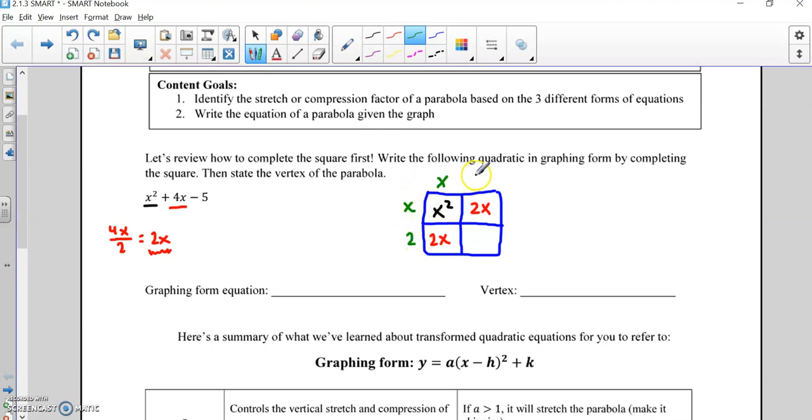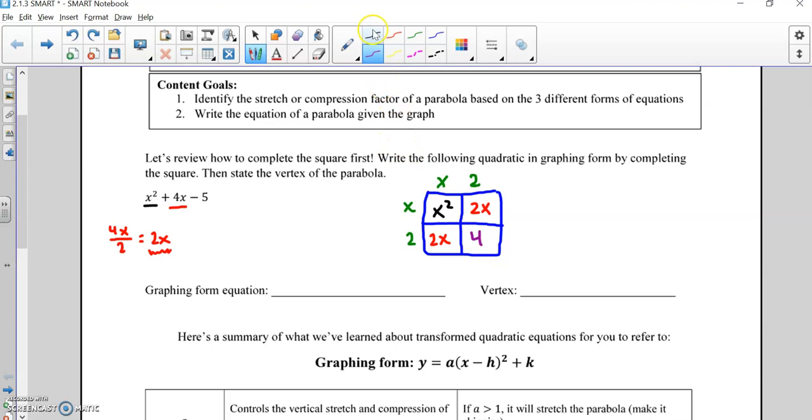It won't be like that with factoring necessarily, but with completing the square, the whole point of doing this is to get these two to be the same. So if this one's 2, then so is that one. And then the last number in this box you get from multiplying those two outside numbers, and we have a 2 times 2 here, which will give us 4.